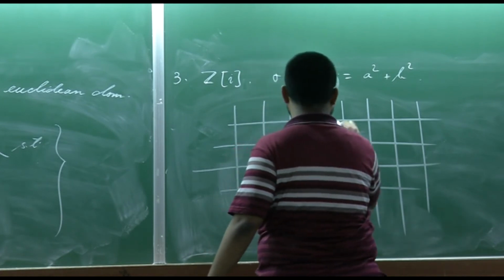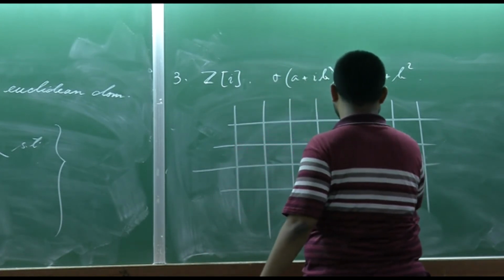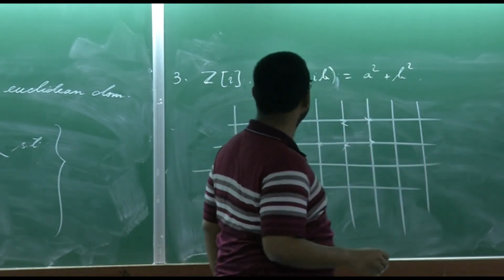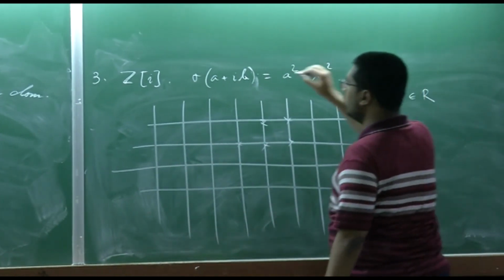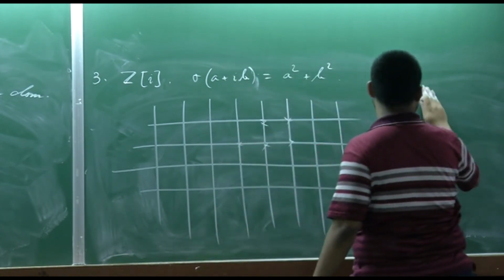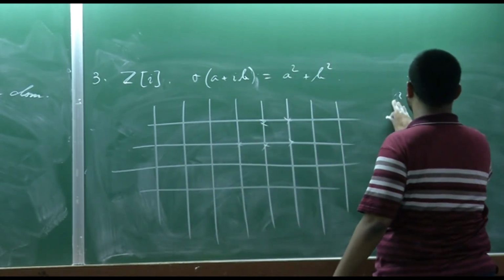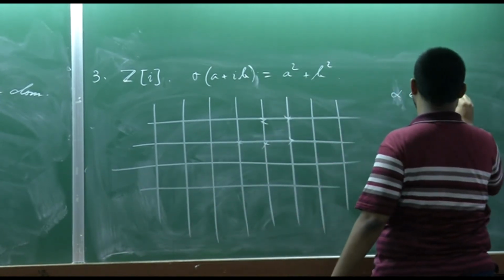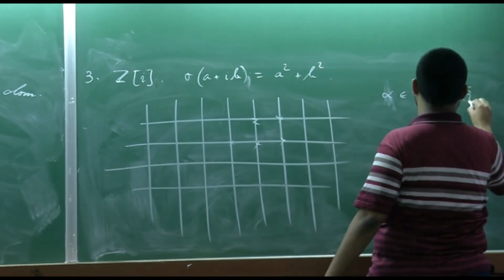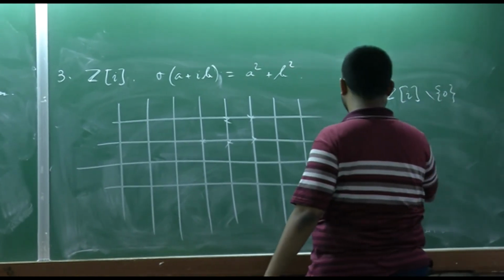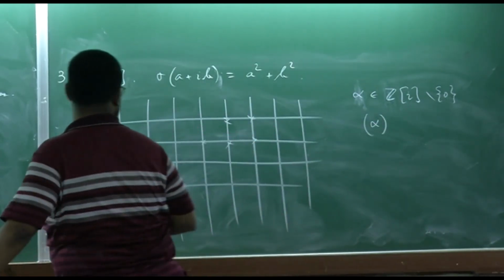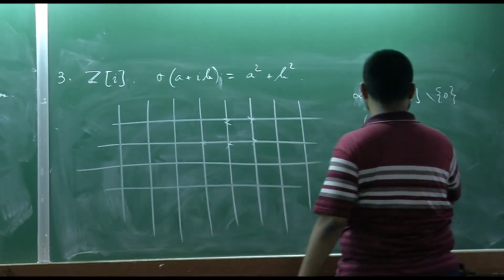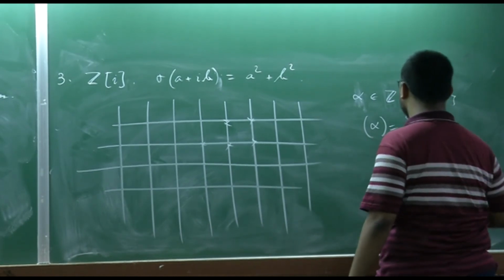These are my points. Now, if I take a non-zero element, let me write it as alpha for simplicity, then what is the principal ideal generated by alpha? By definition, it is all multiples of alpha.